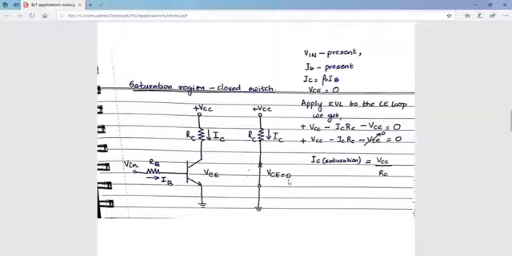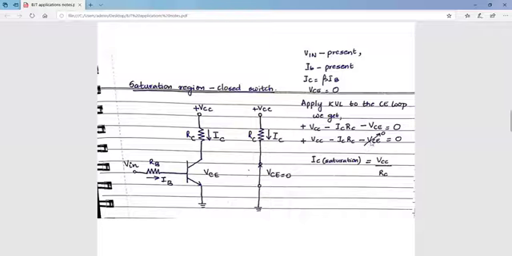And your VCE across the short will be equal to 0. So we will get the particular equations, that is Vin is present, IB is present, and IC is beta times IB, and your VCE is equivalent to 0. Now if you apply KVL across the same collector emitter loop, you will get VCC minus ICRC minus VCE equal to 0.